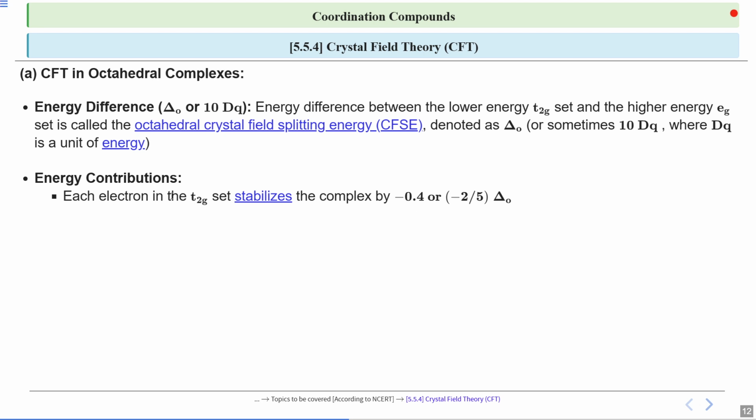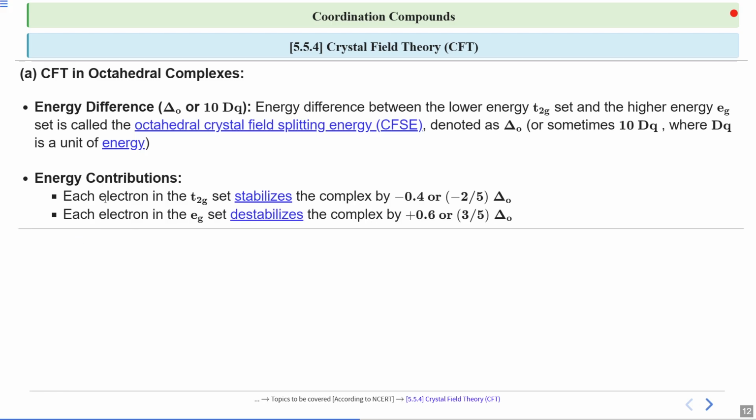Similarly, each electron in the EG set is going to destabilize the complex by plus 0.6 or 3 by 5 of delta naught.